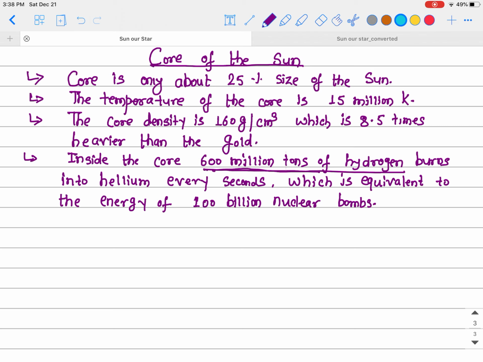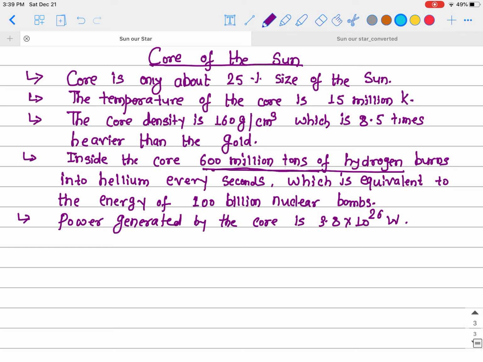In 1 second, that much energy is produced by the sun. This much power is generated inside the core.